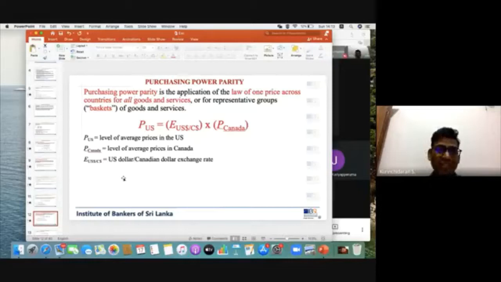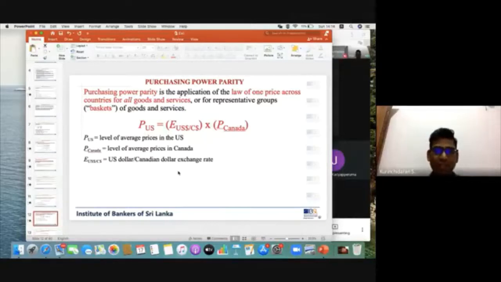How do we assess the general price level? Now you might ask, what's happening to the Sri Lankan general price level, is it increasing or decreasing? Okay. So the Sri Lankan price level is measured through an index, right?